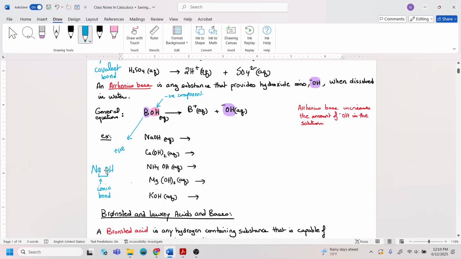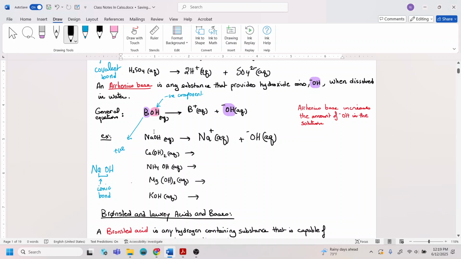So when I take the sodium OH and dissolve it in the solution, the sodium is going to turn into its individual ion, and the OH is going to turn into its individual ion.